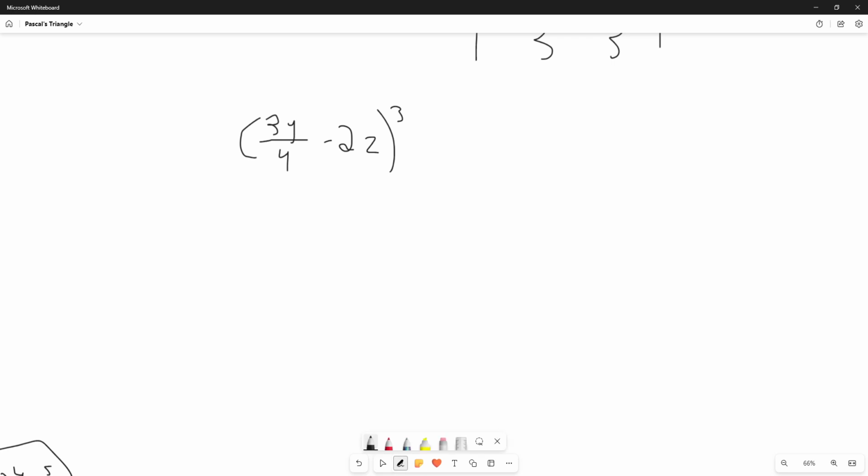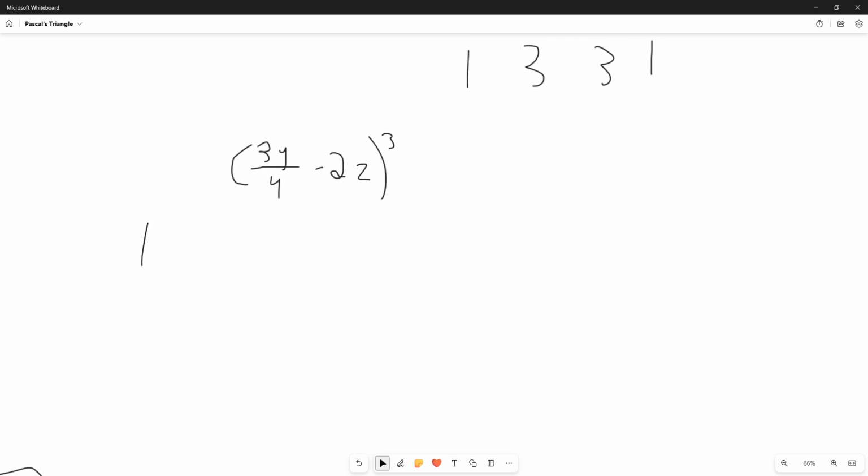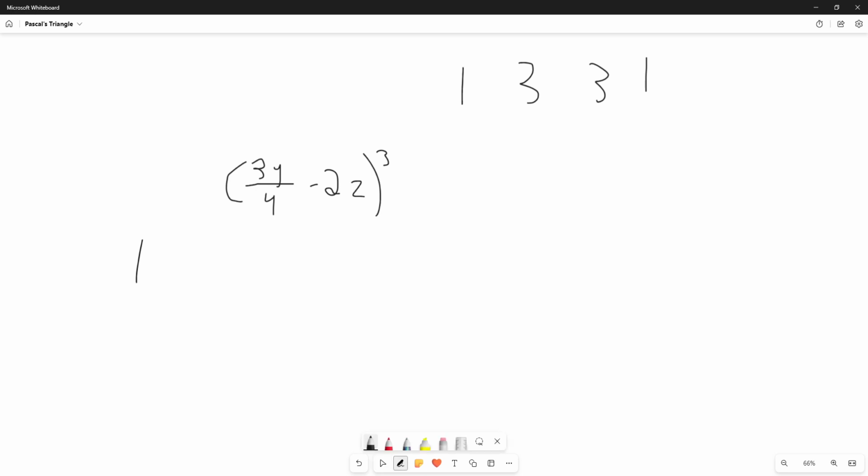We put our 1. Let me just make the numbers visible at the top. 1, we have our 3y over 4 with a 3 in the exponent, minus 2z to the power of 0. Now you don't actually have to write the power of 0, but if you want it to be neat and to track yourself, you should probably write it, unless you feel you're more experienced.